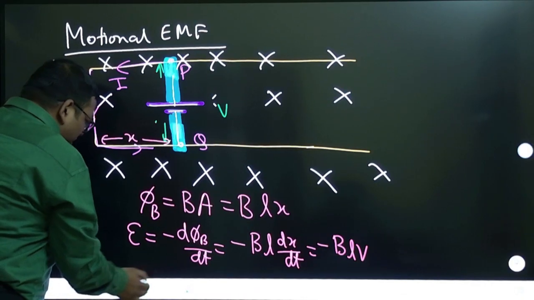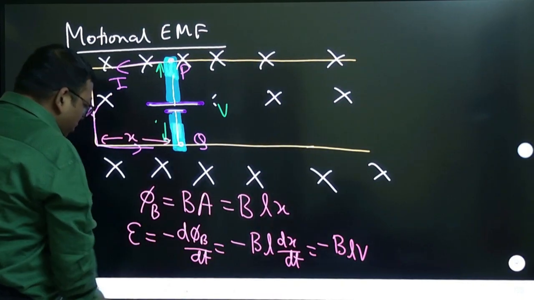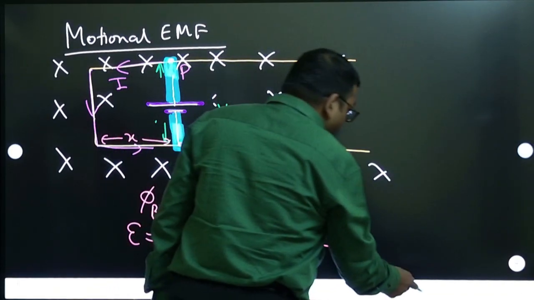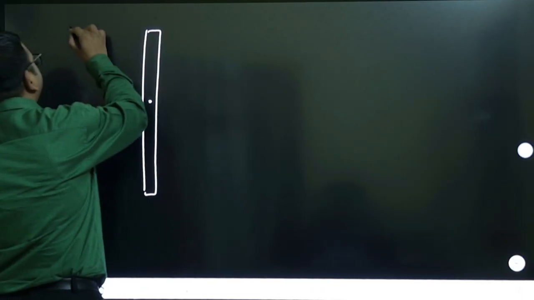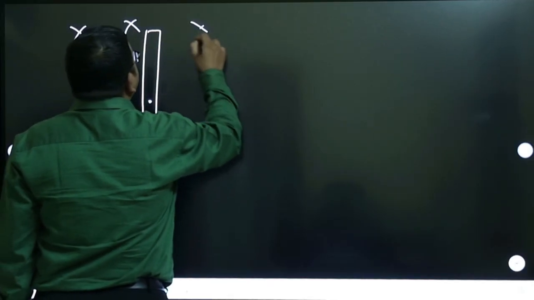Similarly, there is a concept of rotational EMF. If you are rotating a rod, suppose for example that there is a rod like this and there is a magnetic field, let us say cross cross.